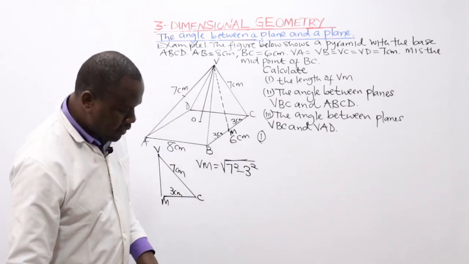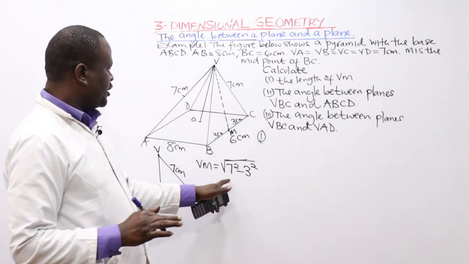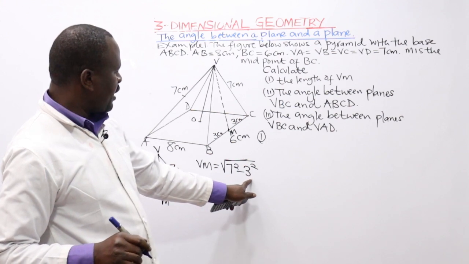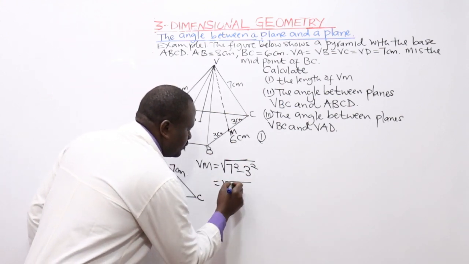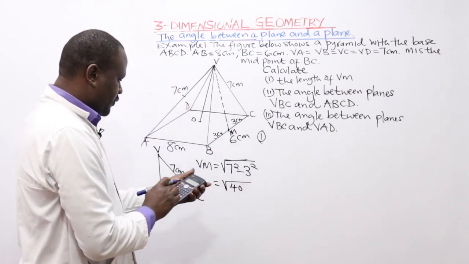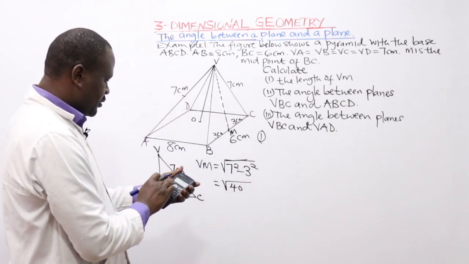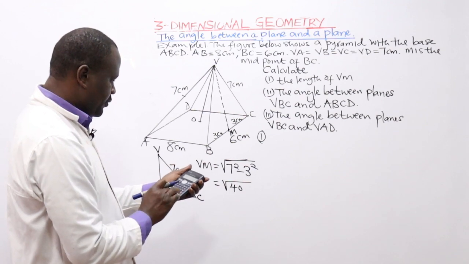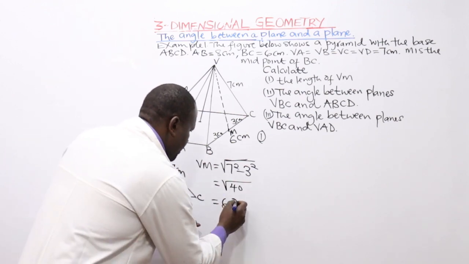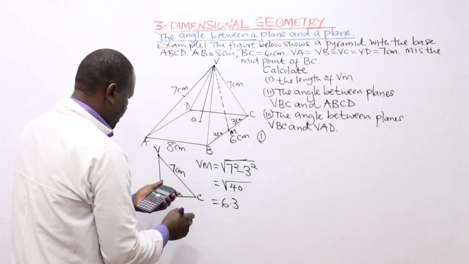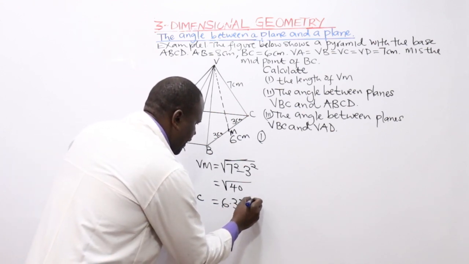which, if you work out, you'll get 49 minus 9, the square root of 40, which from your calculations will give you 6.325.